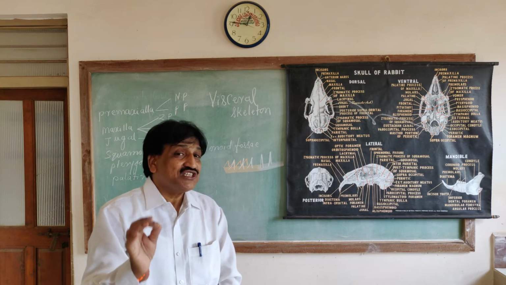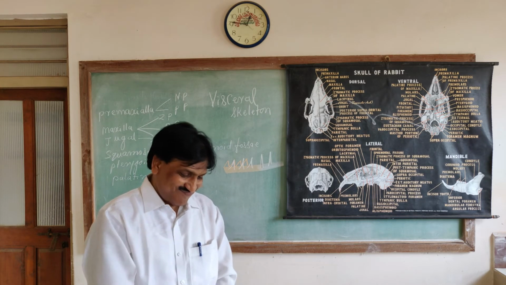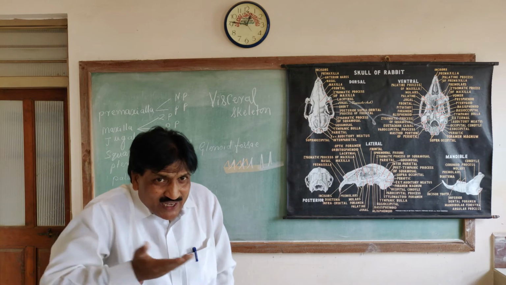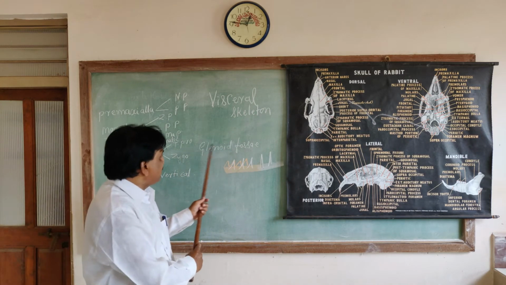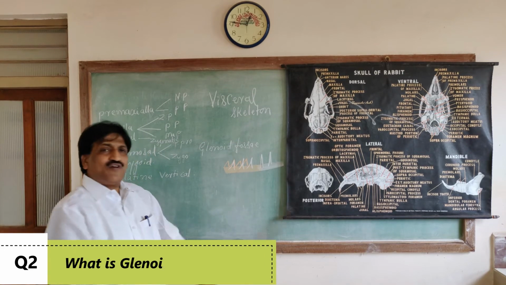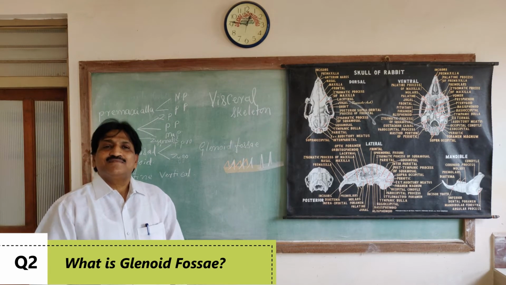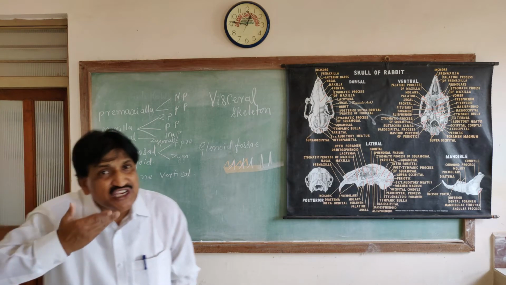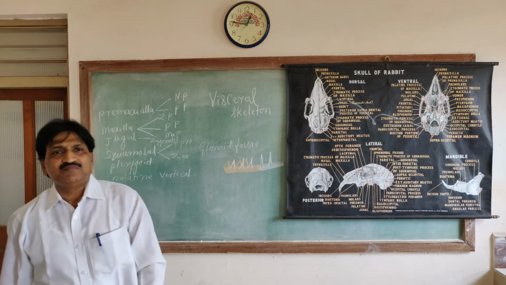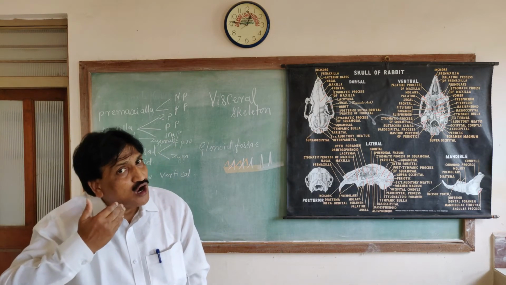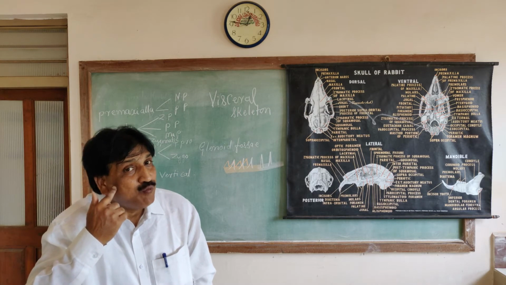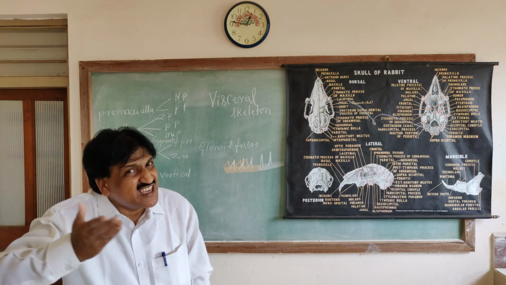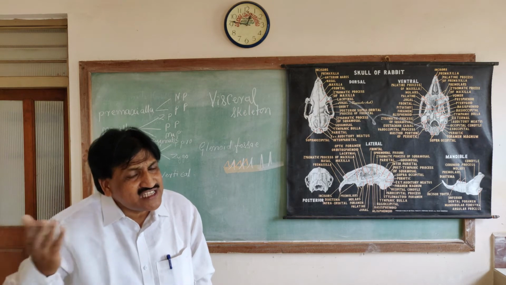And one more structure in the squamosal: the lower end of the squamosal bone has a glenoid fossa. It is meant for articulation of the lower jaw. The lower jaw articulates with the upper jaw with the help of the squamosal bone, which produces a fossa called the glenoid fossa.